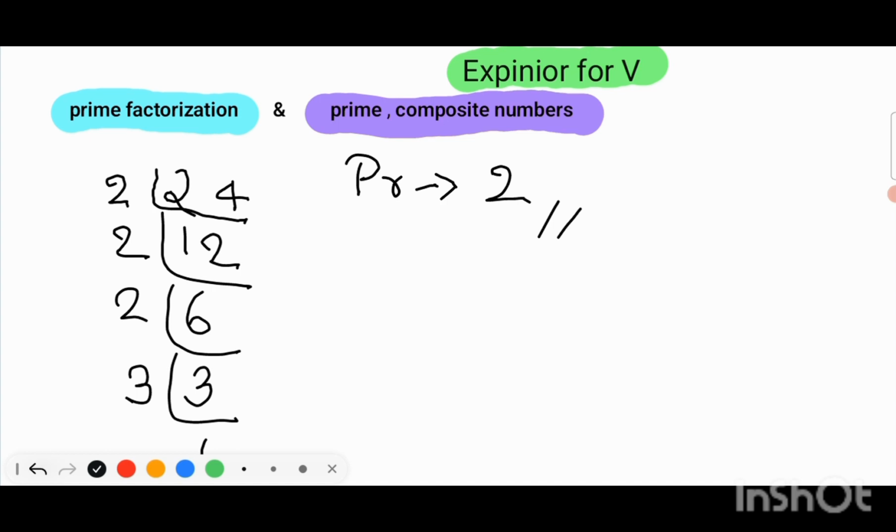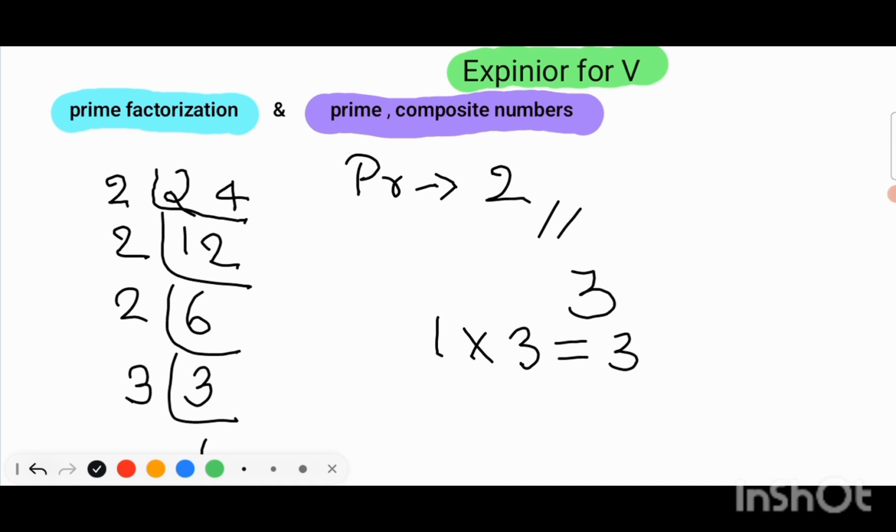Now if we take another number, let's take 3. Where do we find 3 in the tables? 1 threes are 3. However, 1 is common for every number. 1 is a factor of every number. 1 threes are 3, 1 fours are 4, 1 nines are 9.